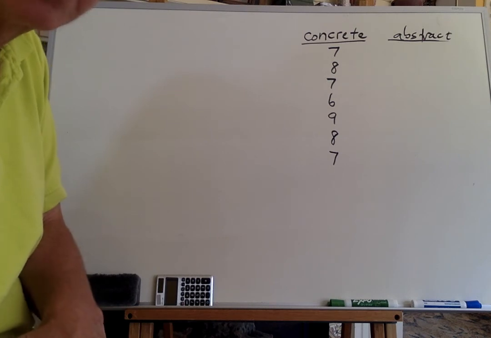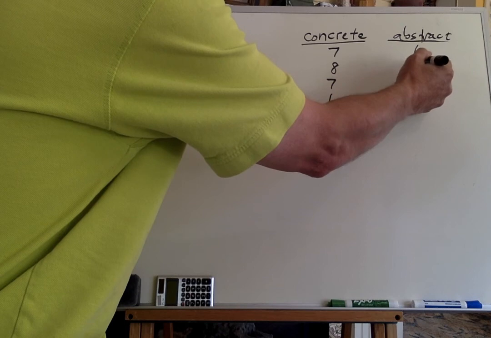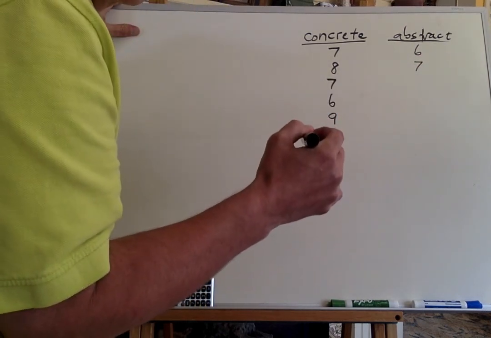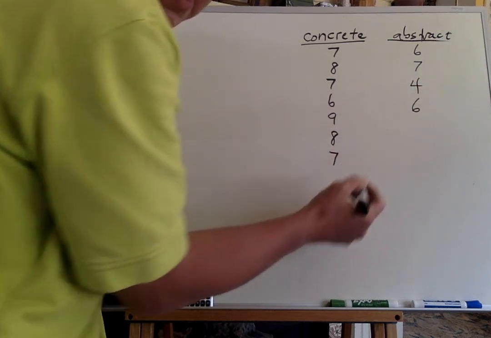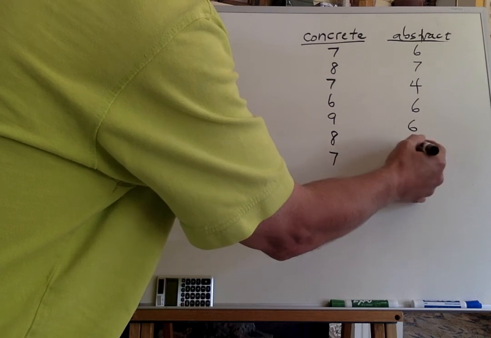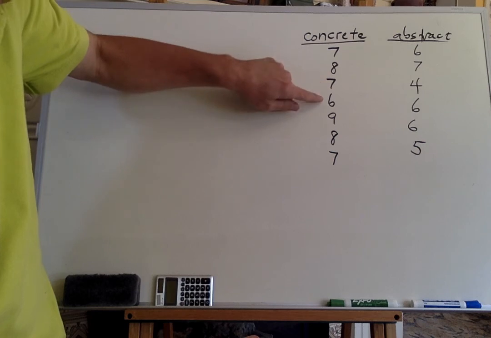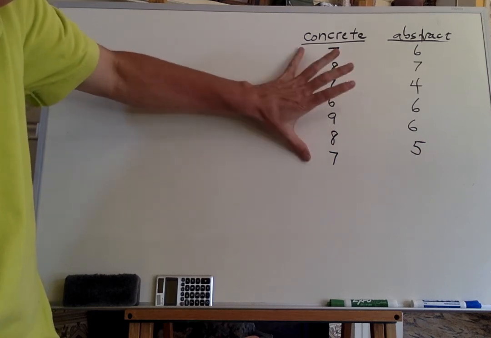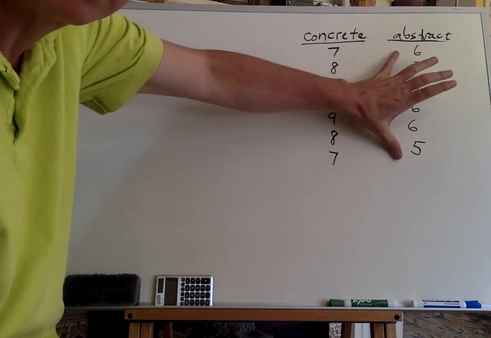When they're abstract words, let's say that we see these numbers of words recalled: 6, 7, 4, 6, 6, and 5. Okay? Now, 1, 2, 3, 4, 5, 6, 7 people in this group. 1, 2, 3, 4, 5, 6 people in this group.